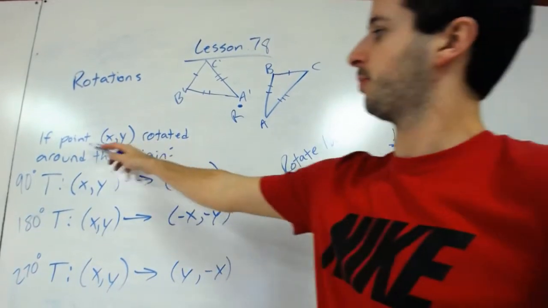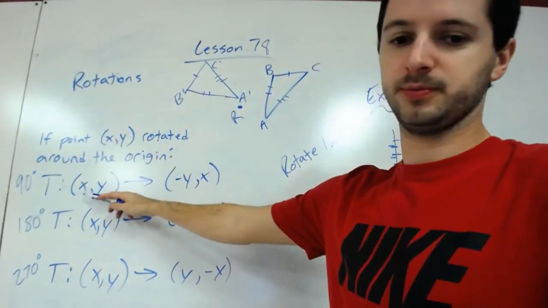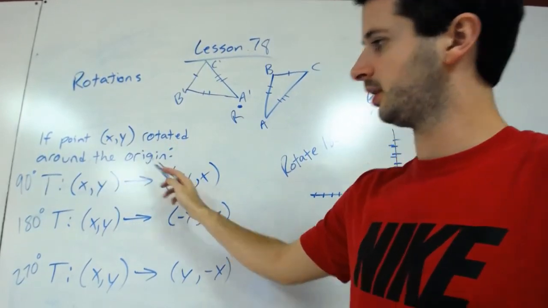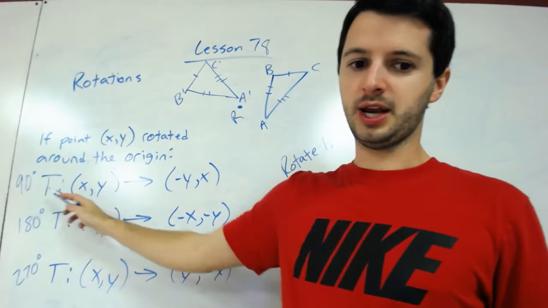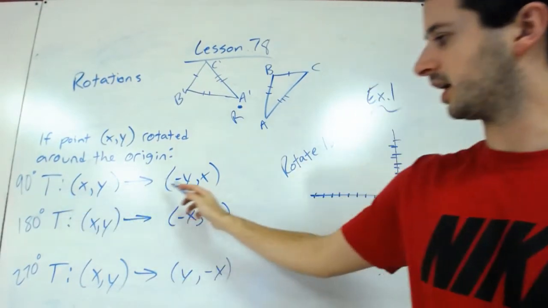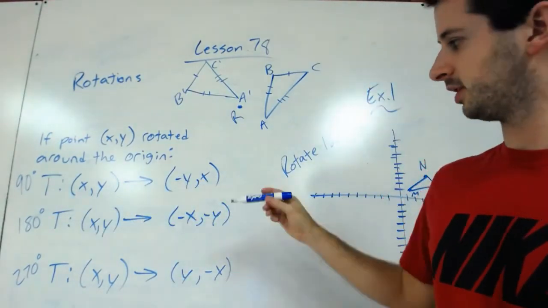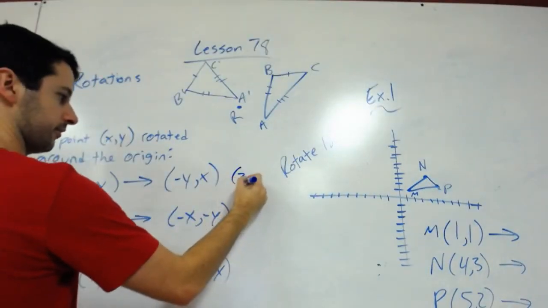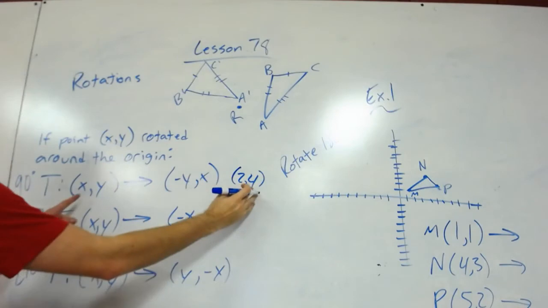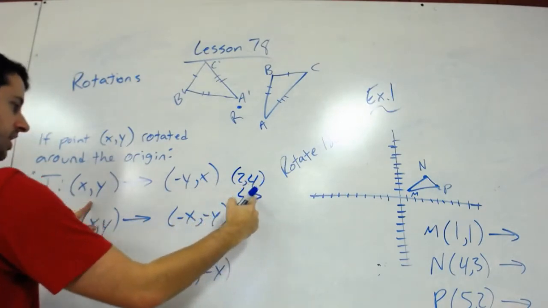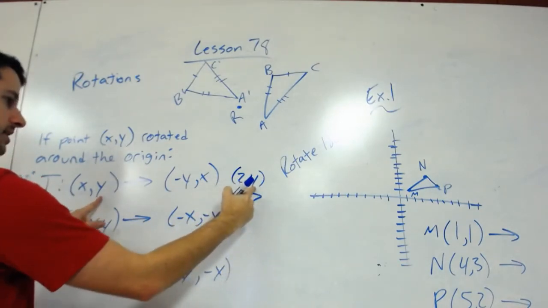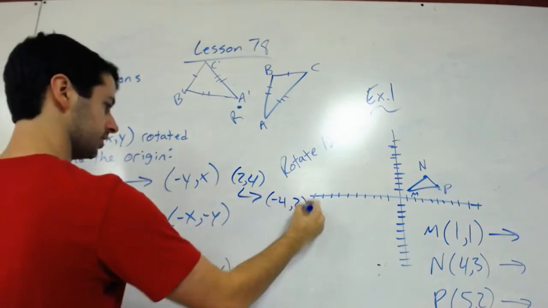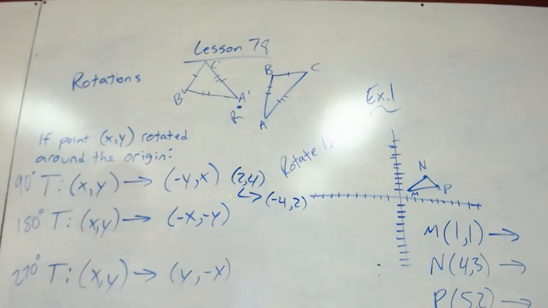If a point (x, y), meaning your original coordinate in your pre-image, is rotated around the origin 90 degrees, then (x, y) would change to (-y, x). So if I had a point of, let's say, (2, 4) as my original (x, y), that would change to, well, y has to come first and be negative, so (-4, 2). That's the idea of your transformation there.